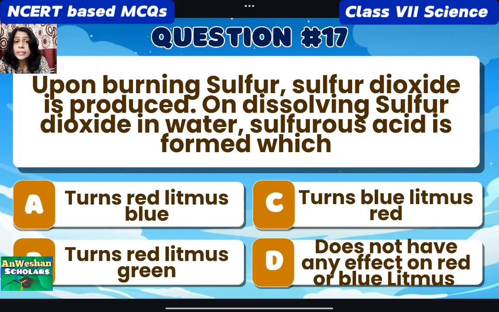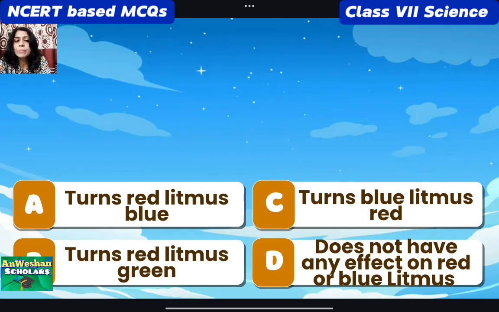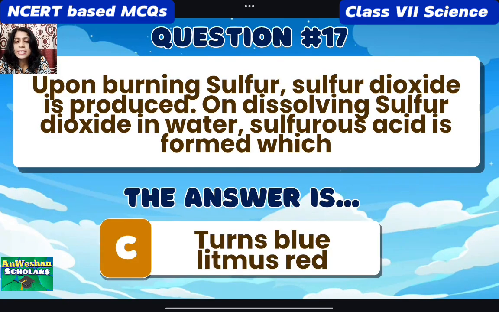Now sulfurous acid is an acid, right? And since an acid turns blue litmus into red, what is our answer? Yes, it is option C. It turns blue litmus red because sulfurous acid is acidic in nature. Very good going, students. Let us see if you can crack this one.